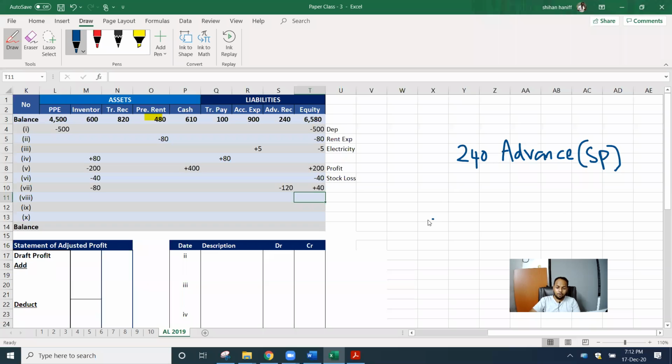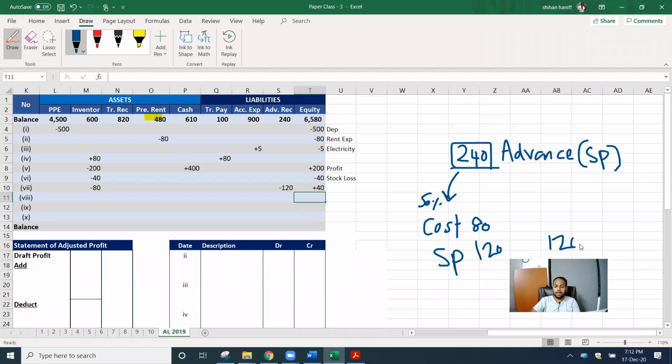And only 50% of this is delivered. The cost of delivered goods is 80. So what is the selling price? We have to take 50% of the selling price. So 50% of the selling price is 120.